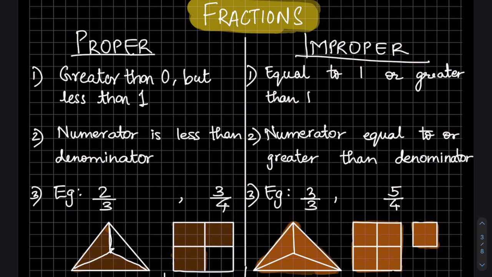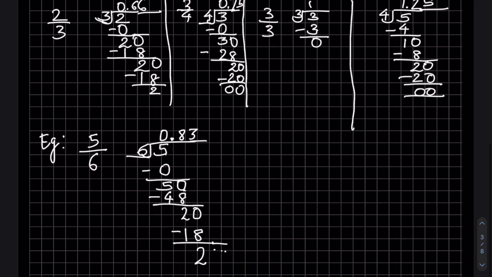An improper fraction is one which has a value either equal to 1 or greater than 1. And here the numerator is either equal to the denominator or greater than the denominator. So let's have a look at another example.